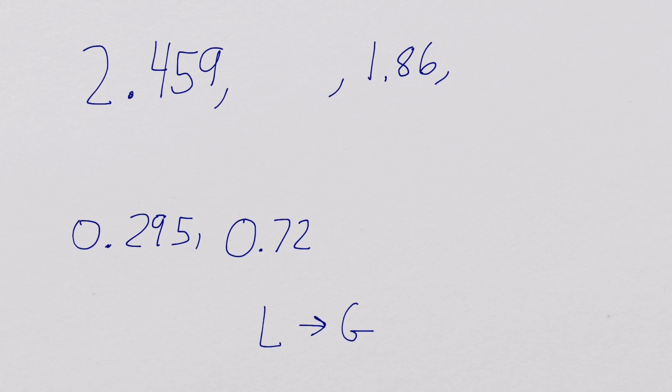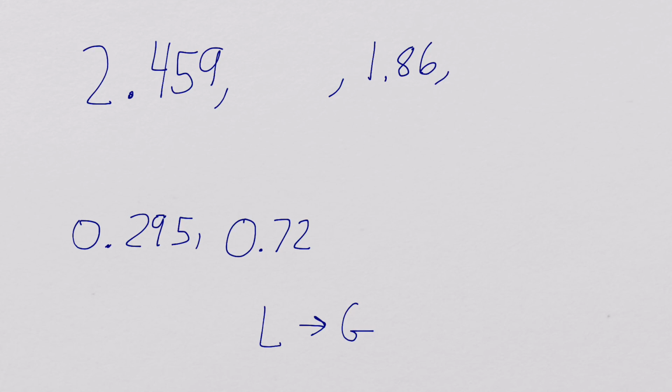So now we're left with 2 and 459 thousandths and 1 and 86 hundredths. Let's compare those ones place values again. We have a 2 and we have a 1. 1 is smaller than 2, so this is going to be our second biggest decimal.